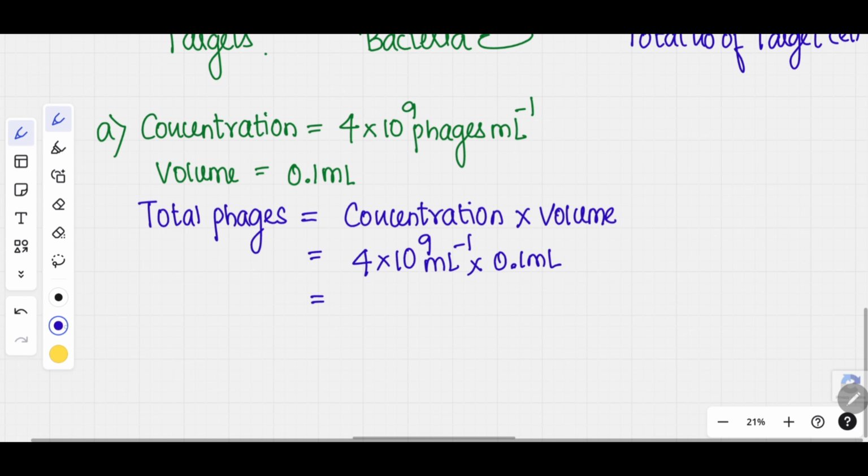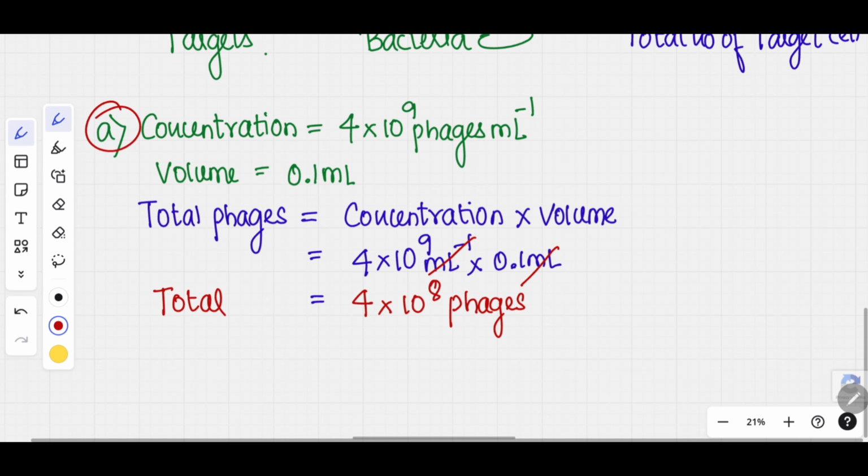Not the same, because it is 0.1, so you shift the digit. It will be 4 into 10 to the power of 8. The ml gets cancelled, so it is just phages. Totally there are 4 into 10 to the power of 8 phages.